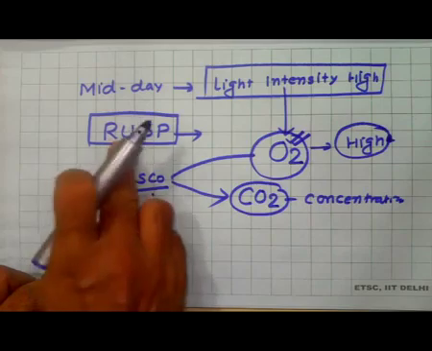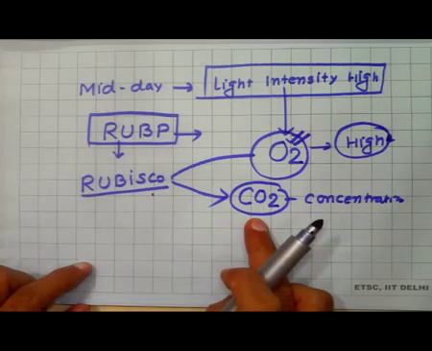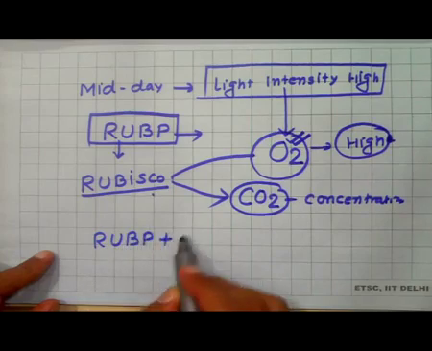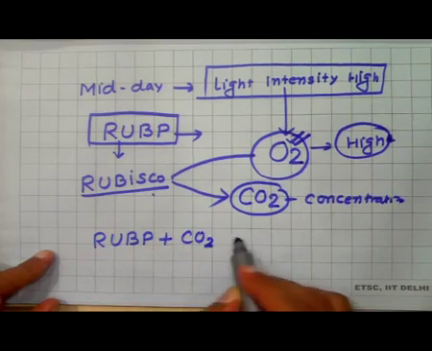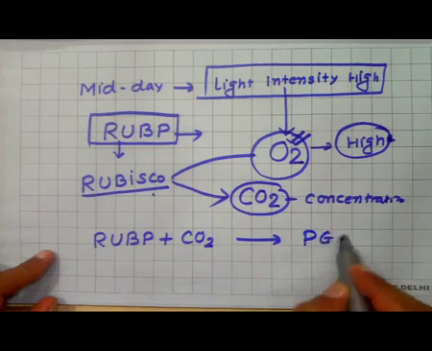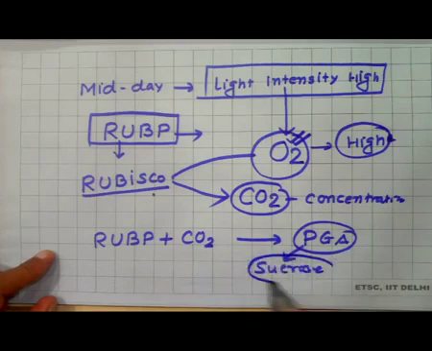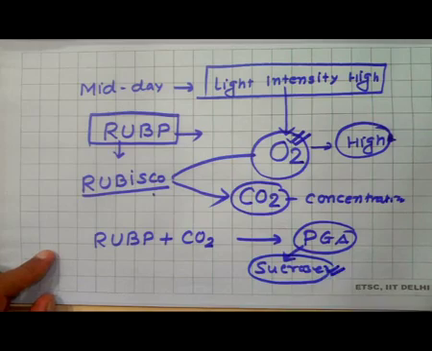When RUBP combines with carbon dioxide, it forms phosphoglyceric acid, which is finally converted into sucrose molecules, the main product of photosynthesis.